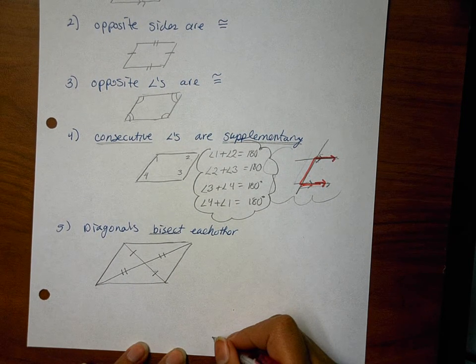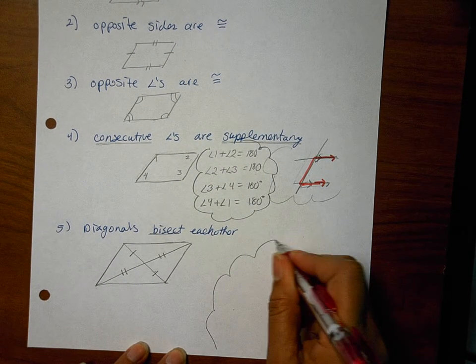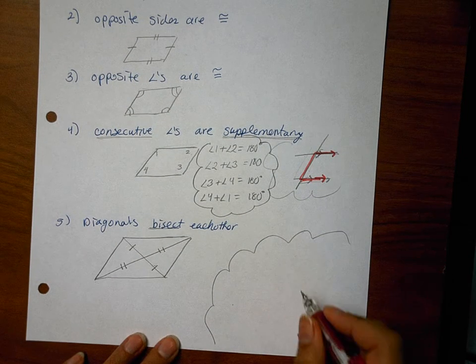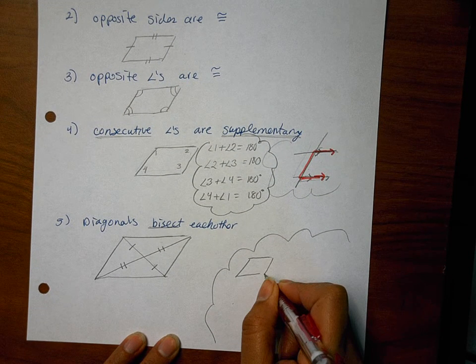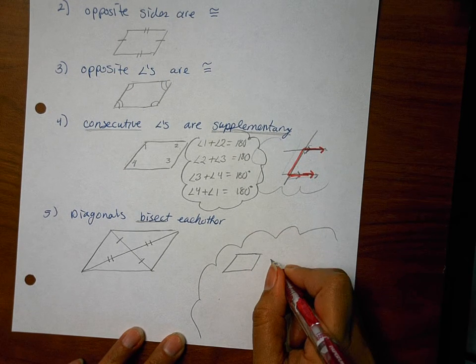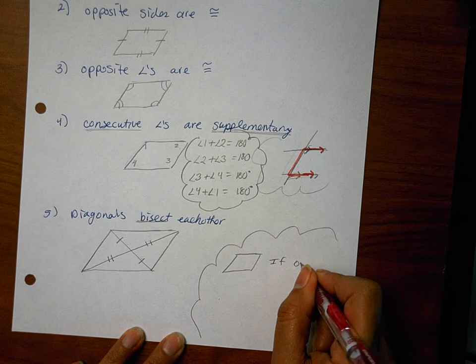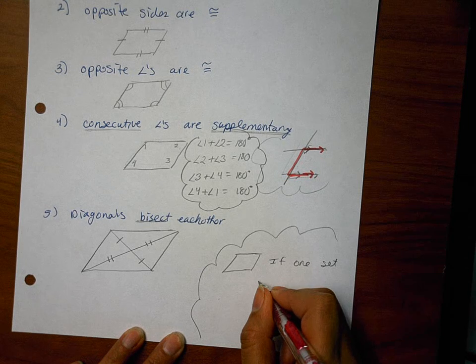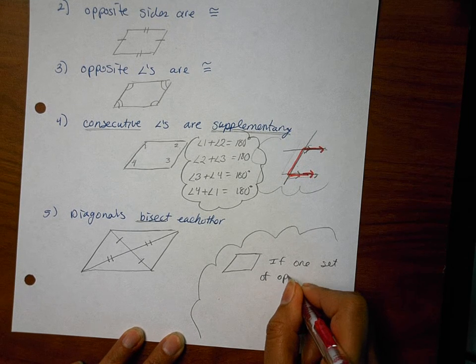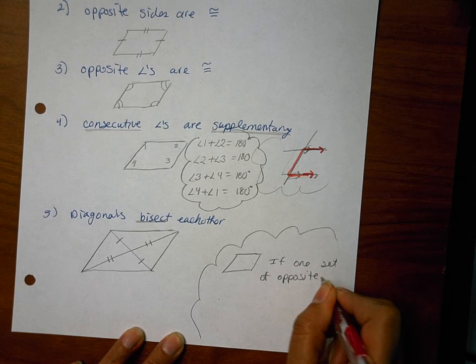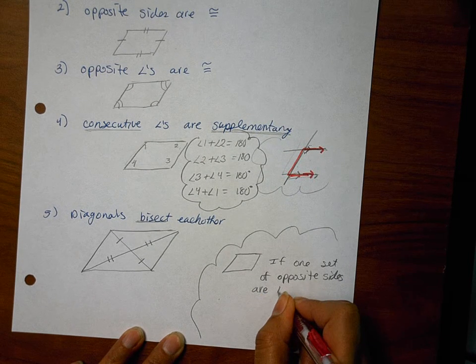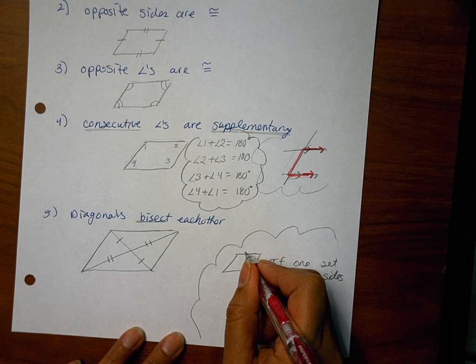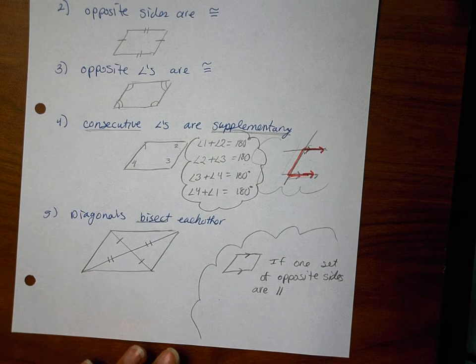A really quick side note, it's kind of a combination of them. Go ahead and draw your parallelogram. If one set of opposite sides are parallel, so all they're telling us is one set is parallel.